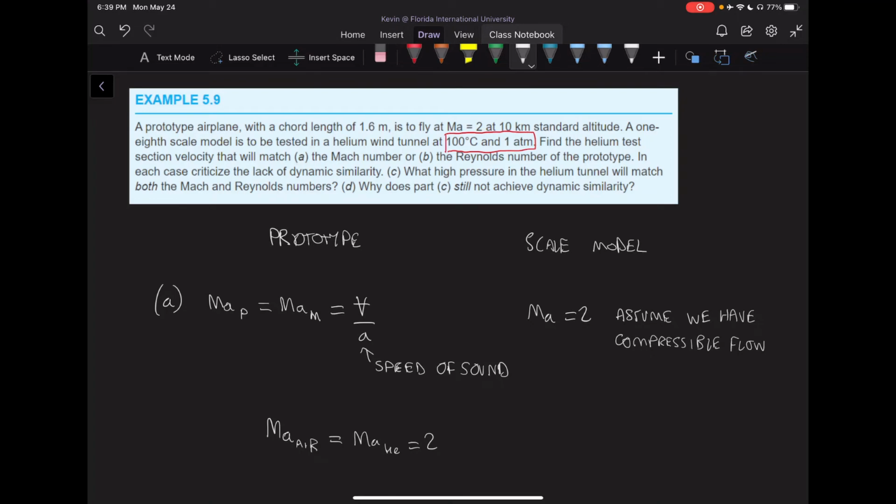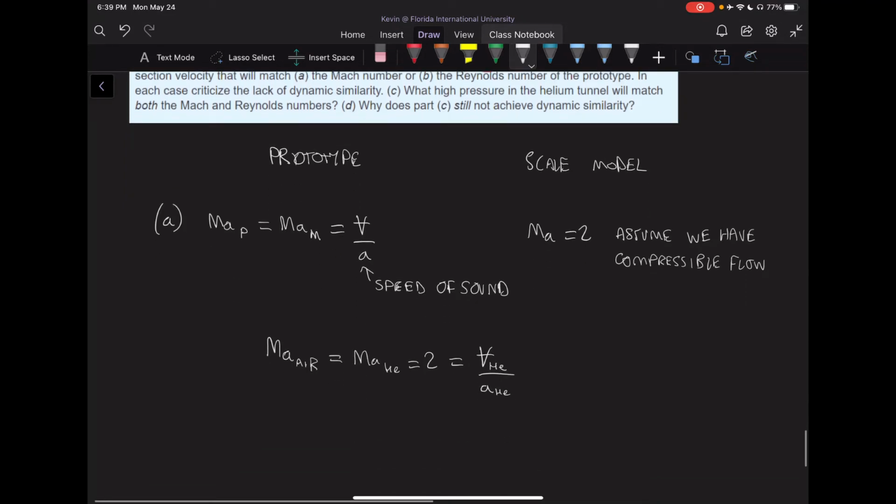And so we can write that this is equal to the velocity of helium over a of helium, a being the speed of sound of helium. We already know the Mach for air, so we don't need to figure out the velocity of air. We just need to find the velocity of the helium.